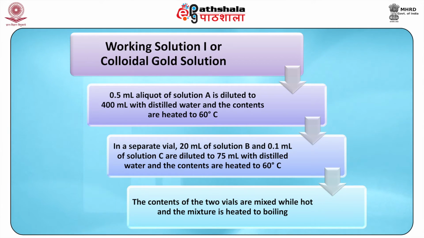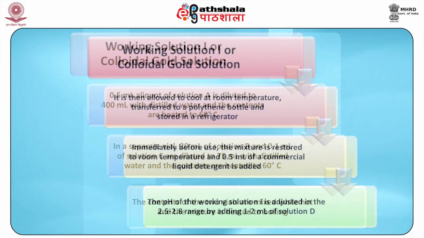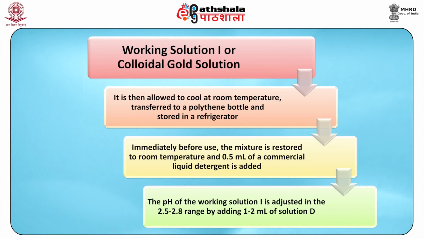In a separate vial, 20 ml of solution B and 0.1 ml of solution C are diluted to 75 ml with distilled water, and the contents are heated to 60 degrees Celsius. The contents of the two vials are mixed while hot, and the mixture is heated to boiling. It is then allowed to cool at room temperature, transferred to a polythene bottle, and stored in a refrigerator.